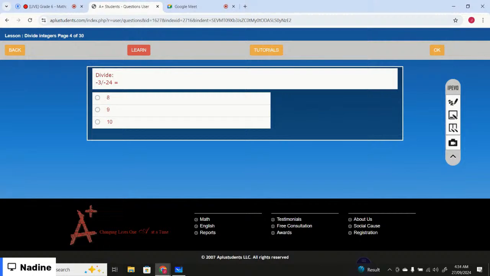Negative 24 divided by negative 3, which is the correct option? That is 8. Option number 1 is the correct option, right?